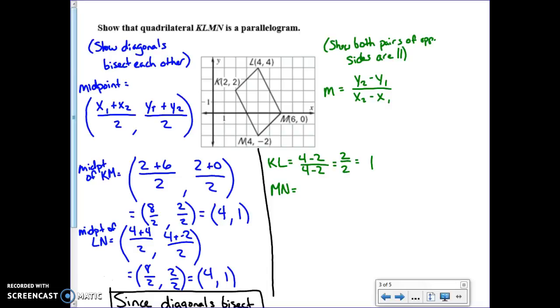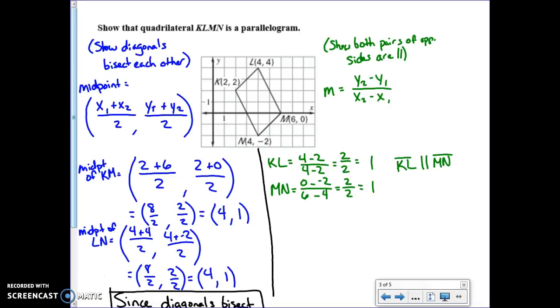So subtract the y's, I get 0 minus a negative 2, and then 6 minus 4. So 0 minus a negative 2 is 2, 6 minus 4 is 2, 2 over 2 is 1. Okay, so far so good. KL is parallel to MN.